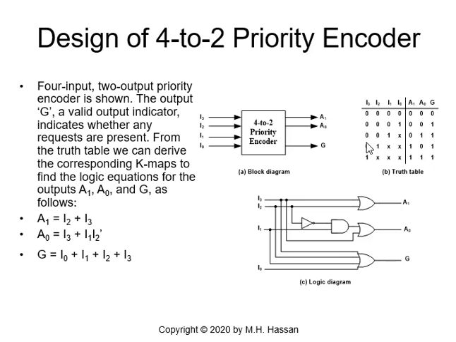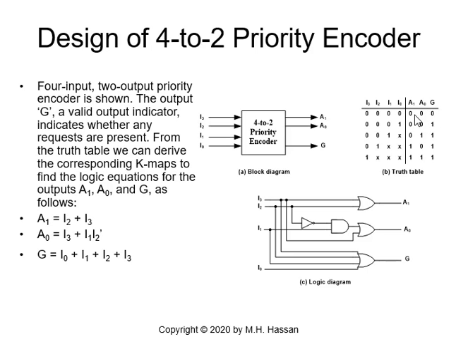Let's understand the truth table. If all of the inputs are zeros, A1, A0, and G will be zeros.